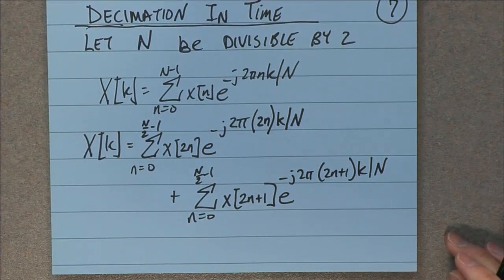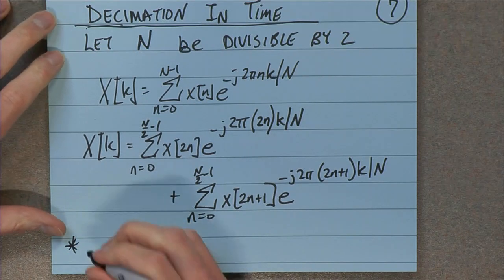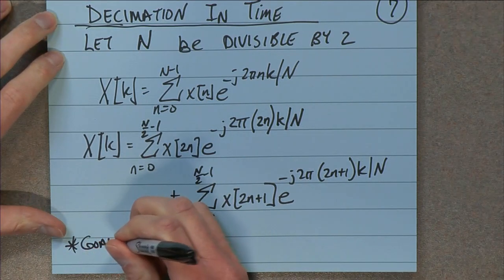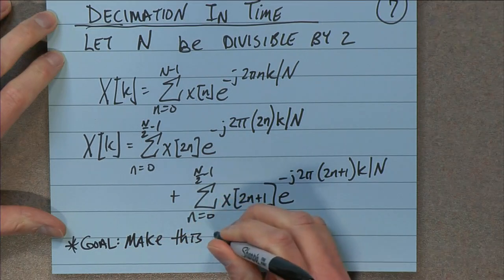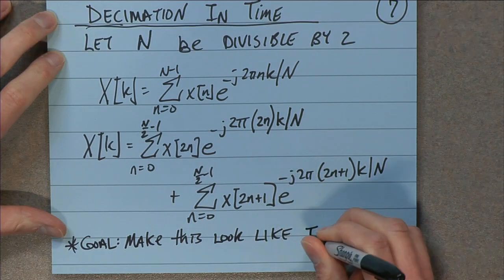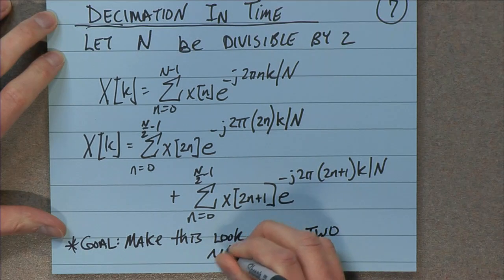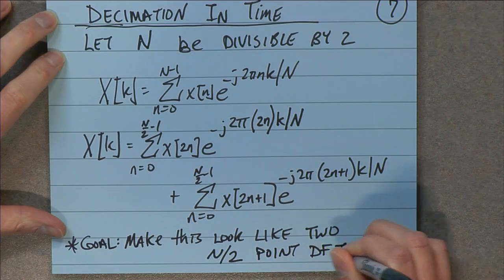Now, before we start messing with this any further, let's just remind ourselves what the goal is. Goal: make this look like 2 N over 2 point DFTs.